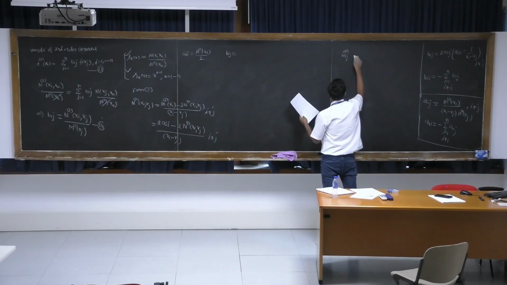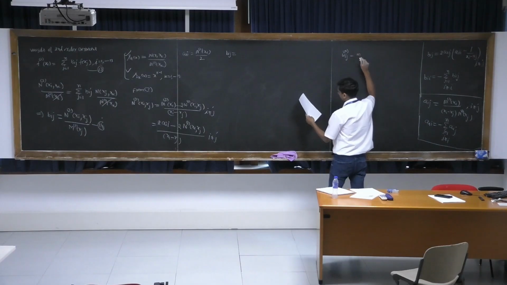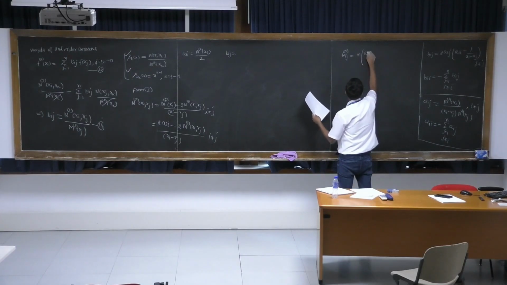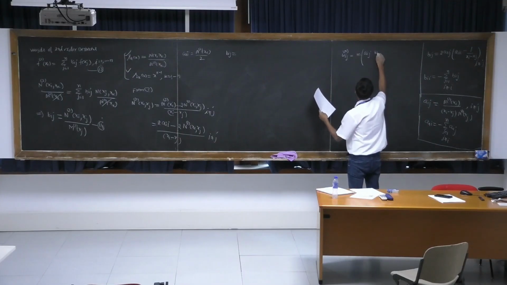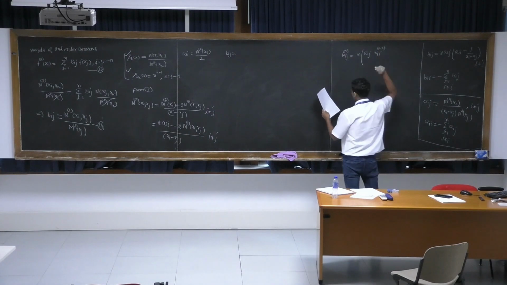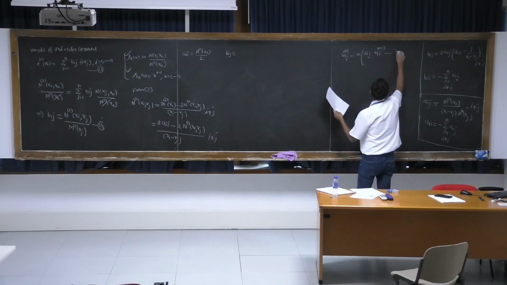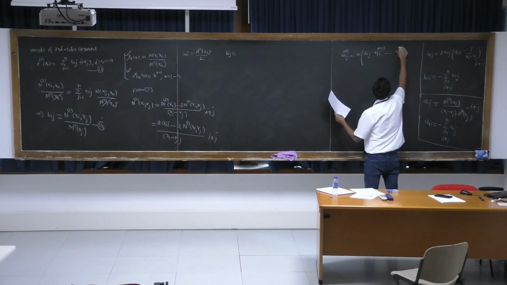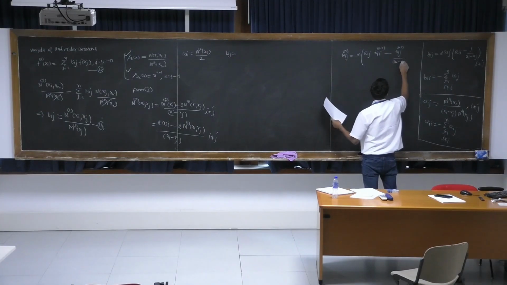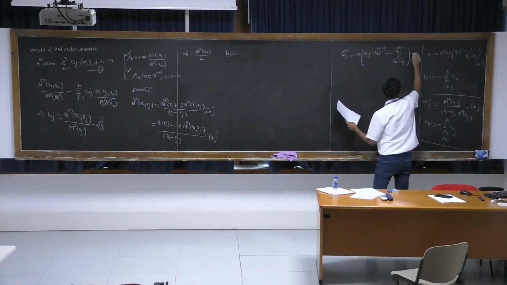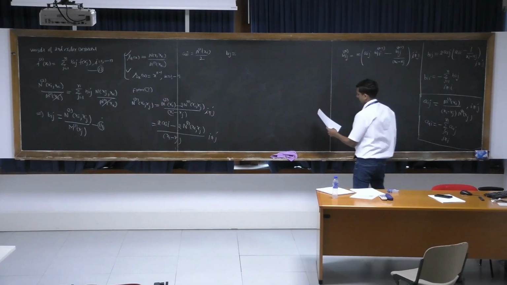So these are equal to m times Aij times Wii of m minus 1 minus Wij of m minus 1, divided by xi minus xj when i is not equal to j.